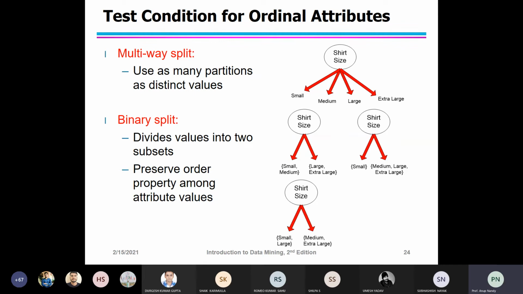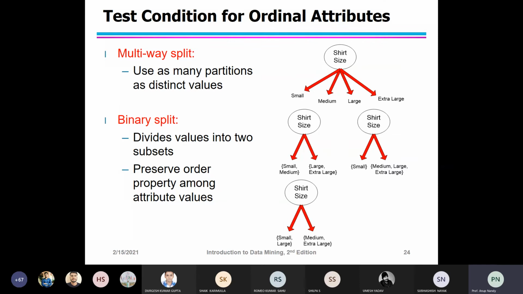As you can see in this diagram, there are different ways of splitting the training records based on the shirt size attribute. In the multi-way split, each partition has a distinct value in order: small, medium, large, then extra large.